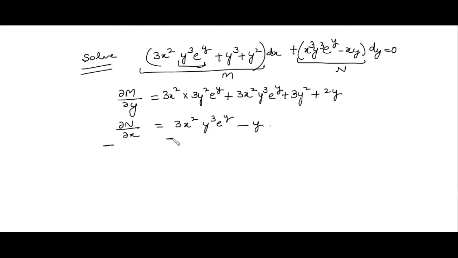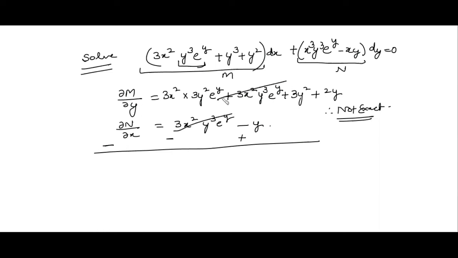Now take the difference of these two. Clearly they are not same, so not exact. So we need to find out the integrating factors. We take the difference of these two. We get this term 3x square y cube e to the power y. This is cancelled out with this one. So we are left with 9x square y square e to the power y plus 3y square plus 3y.